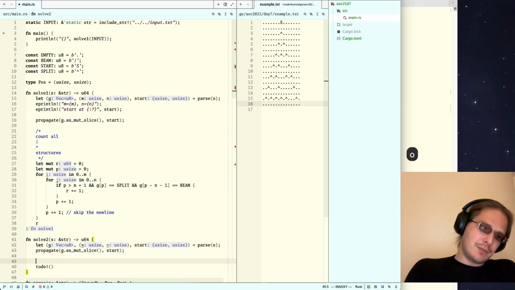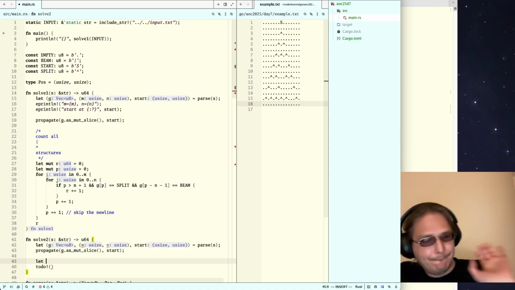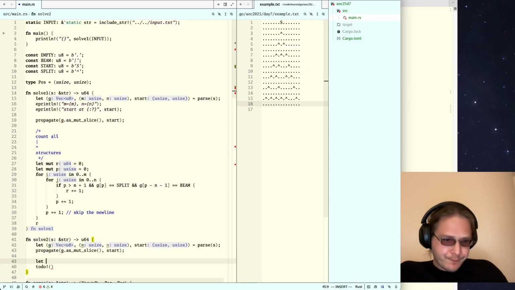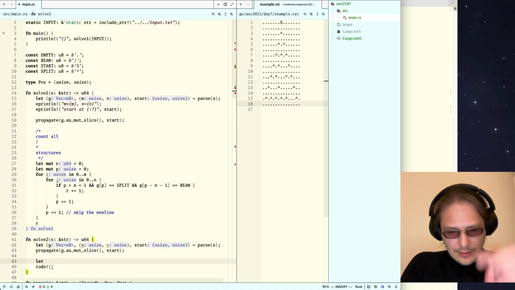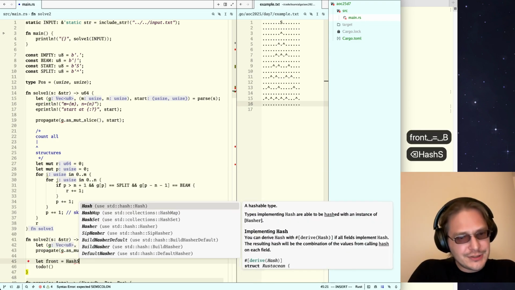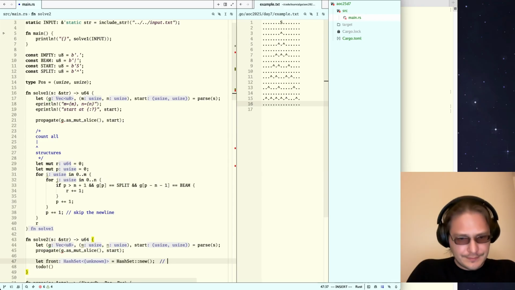Okay, let's backpropagate. Let's say we have the front, which is a hash set of positions from which we backpropagate.